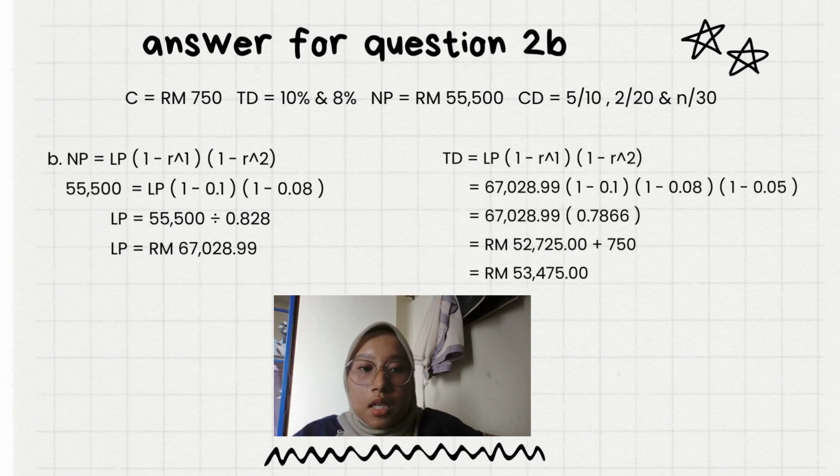So the answer is 52,725 ringgit plus 750 since that is the cost of transportation, and the final answer is 53,475 ringgit Malaysia.